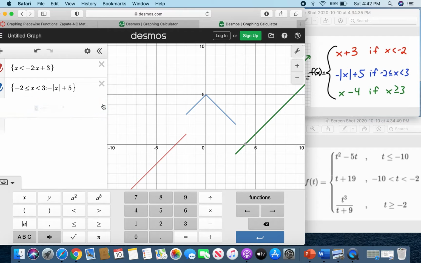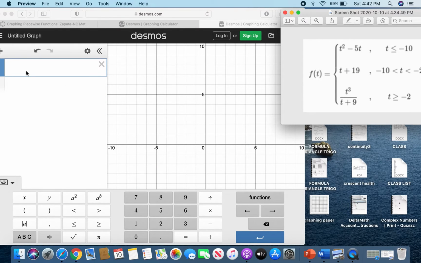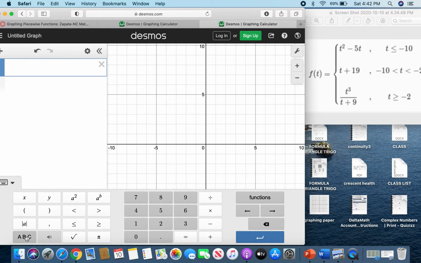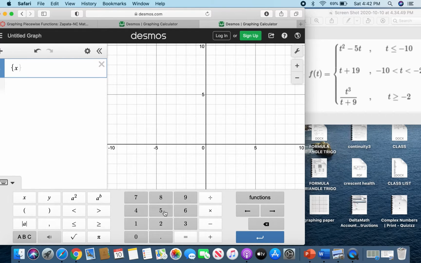Now we go to the second equation. So t is supposed to be x. It doesn't matter. Write first the condition: x is less than or equal to -10. And then write the colon, and then you have x squared minus 5x.